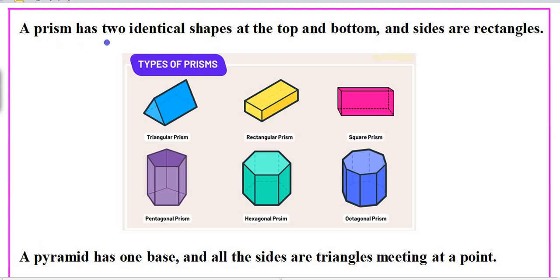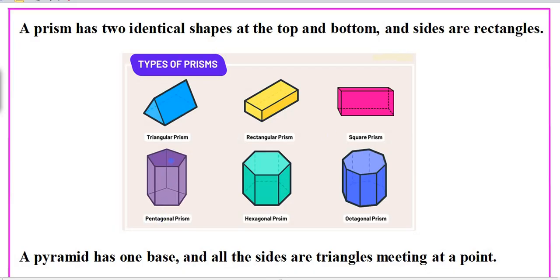A prism has two identical shapes at the top and bottom, and the side faces are rectangles. Prism means the bottom and top are in the form of the same shape. For example, in a triangular prism the bottom and top are triangles. In a rectangular prism, the top and bottom are rectangles. Square prism, top and bottom are squares.